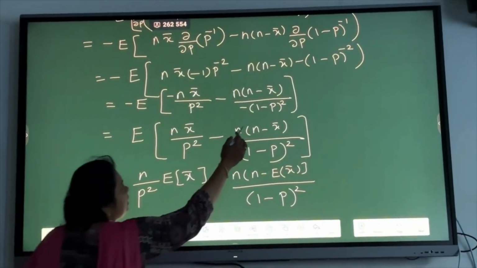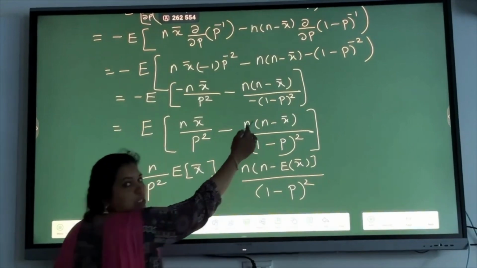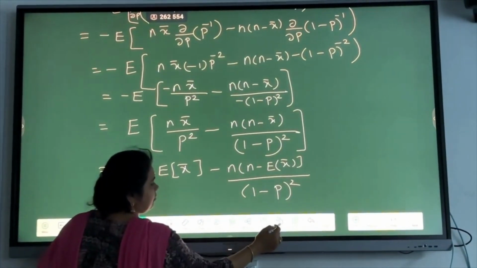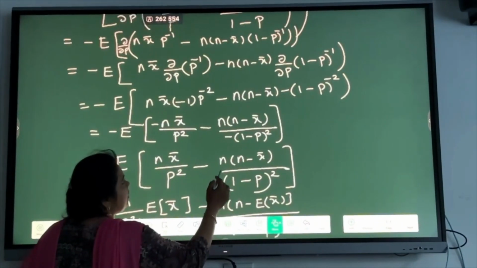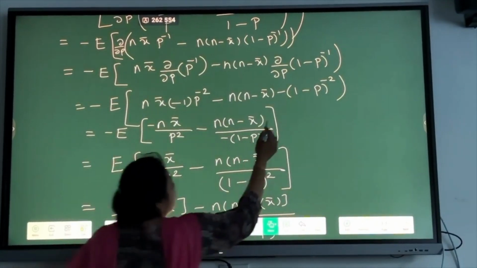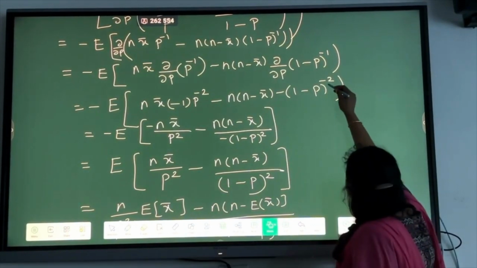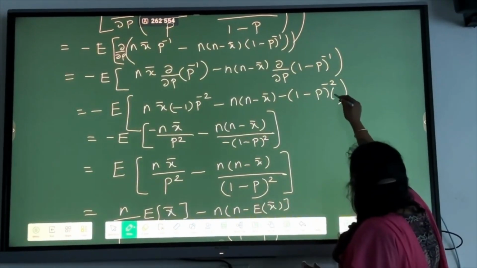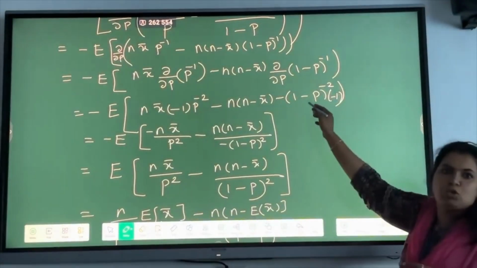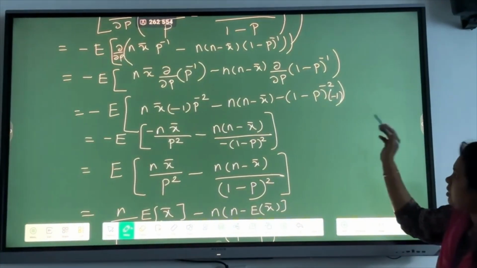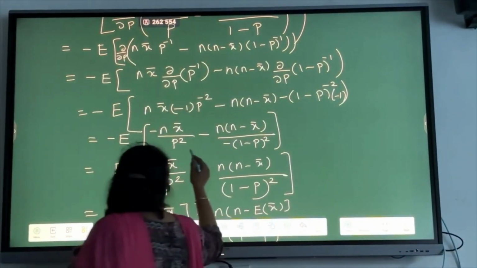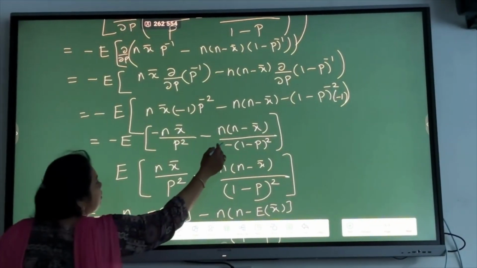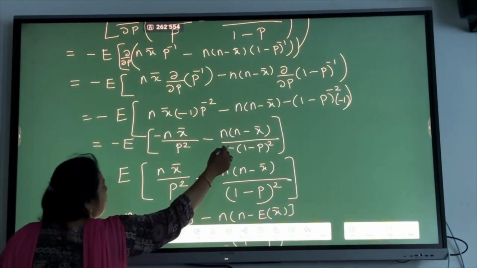Now if you look here, we are differentiating with respect to P. So this term will become minus 1, because we are doing it with respect to P. So what will happen? You get the plus term here. When you bring it down, it will become plus.